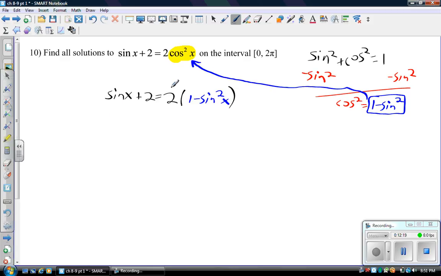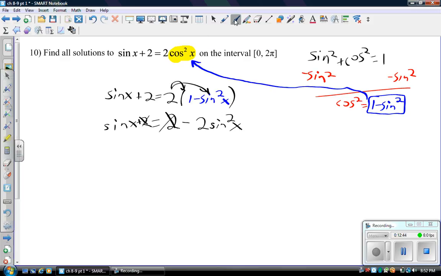So now over here, if I distribute, I have on this side 2 minus 2 sine squared of x. Nothing changed over on the left side. I've got a 2 on both sides, so that's convenient. If I minus 2 off, these are really gone. I'm going to move this over here to make it positive.